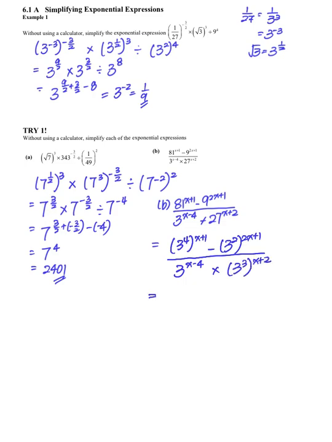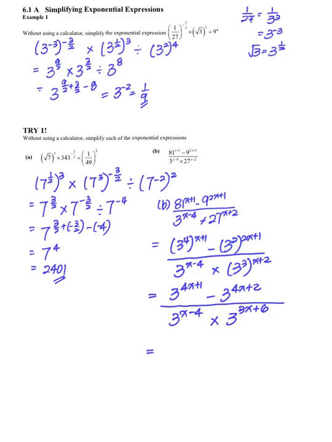So everything, you change it to base 3. Then this will be 3 to the power of 4x plus 1 minus 3 to the power of 4x plus 2, over 3 to the power x minus 4 times 3 to the power 3x plus 6.